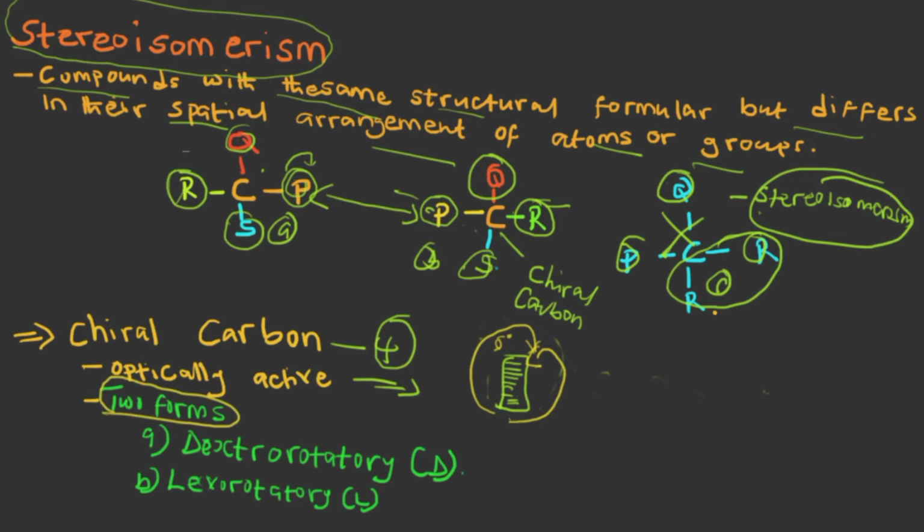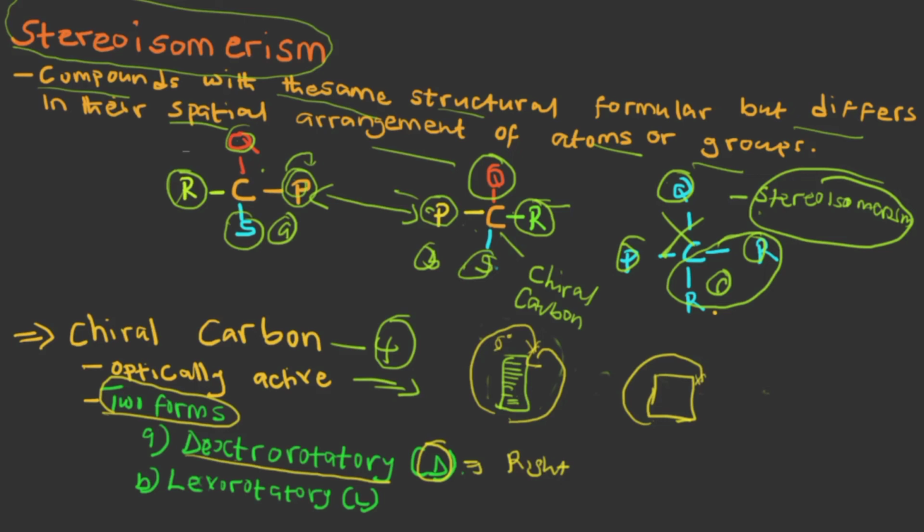The first one is called dextrorotatory, shortened as D. These dextrorotatory forms are stereoisomers that rotate the plane polarized light to the right. So if this is a plane polarized light, they rotate it to this direction, that is to the right.